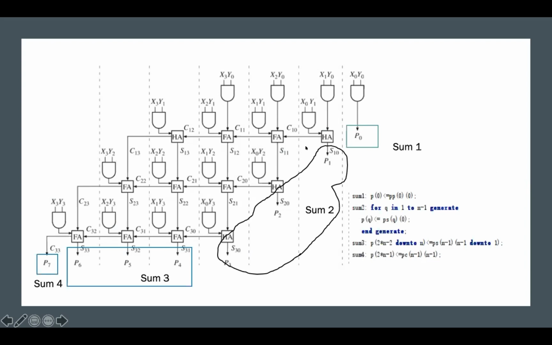These 3 half adders also have the same pattern. And the last, sum 4, is the carry out from the last position of the full adder. And the rest of the sum is the collection of the last line full adder results.